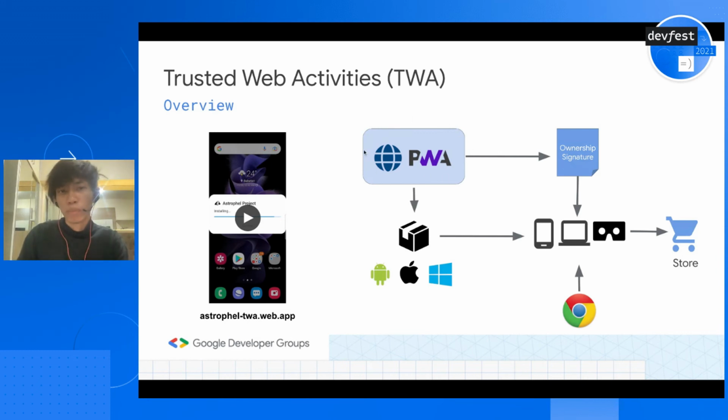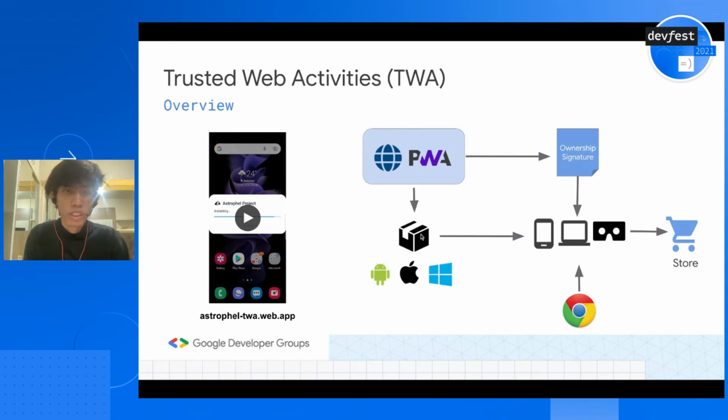So with this PWA deployed, we can make a TWA based on the deployed website. There's a wrapper here, like a box. This is what I call the TWA.